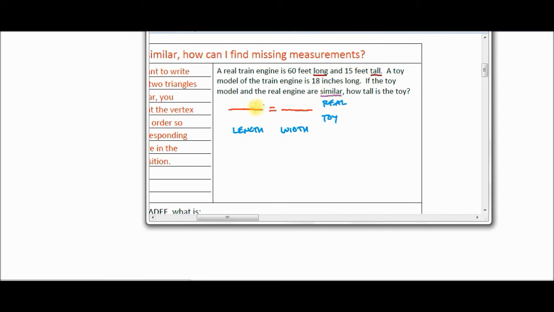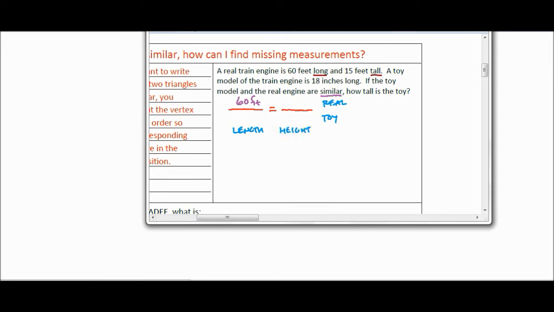Well, what is the real length? The real length is 60, and we're going to write that as 60 feet. Okay, what is our real width? Actually, you know what? Yeah, our real length, I shouldn't have put width here. I should have put length and height. So this should have been height. Length and height.